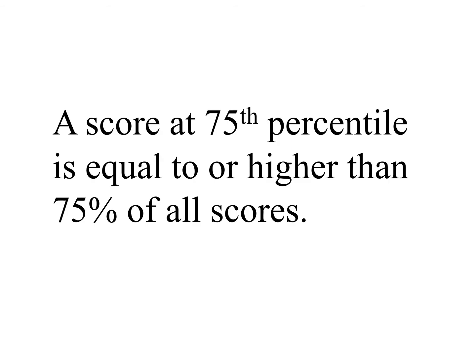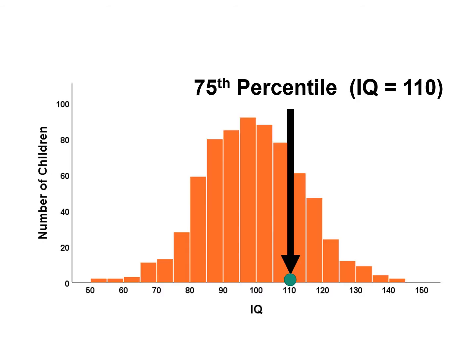Let's go through a couple more examples of percentiles. A score that is at the 75th percentile is equal to or higher than 75% of all scores. So here, what IQ score is at the 75th percentile for the histogram? That IQ score would be around 110.